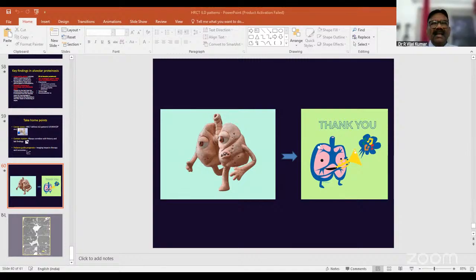Yeah. HRCT played a huge major role during the COVID-19 pandemic. There were many times where the patient had the symptoms of COVID-19, and sometimes the throat swab used to come negative.